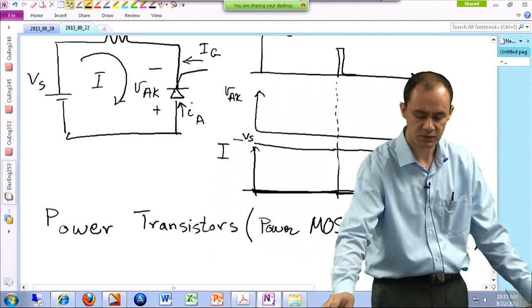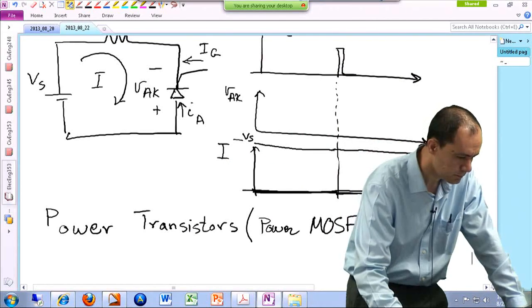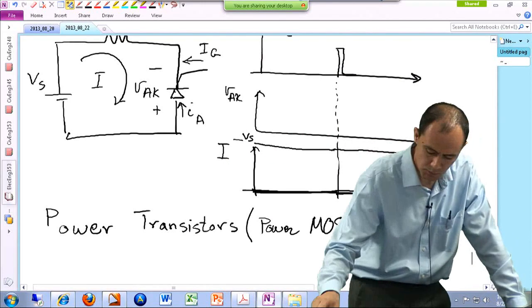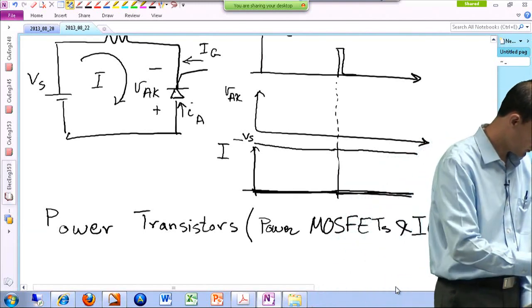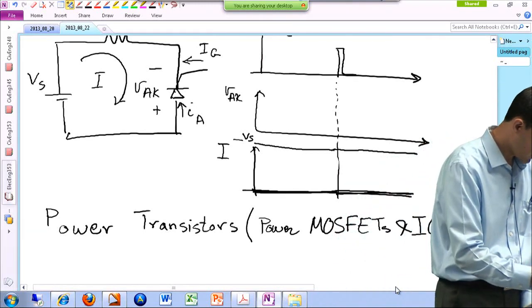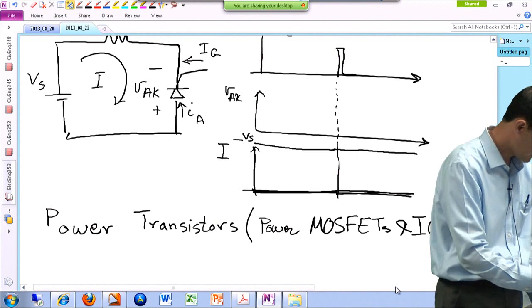So let's talk about power MOSFETs first.